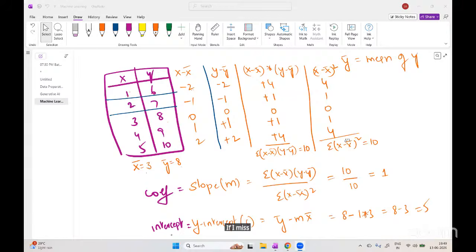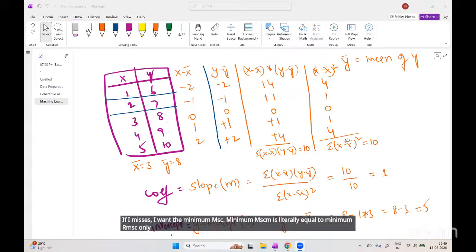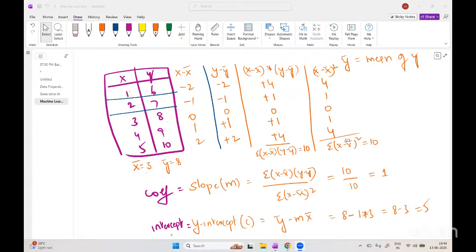I want the minimum MSE, and minimum MSE means literally minimum RMSE, right? Yes. Both are directly proportional to each other.